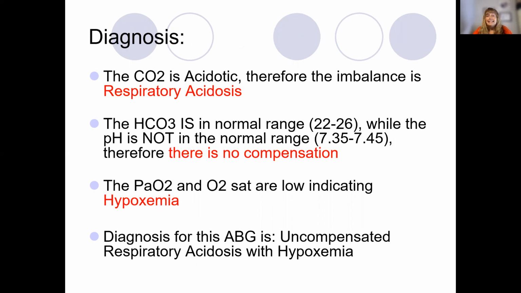The bicarbonate is within the normal range of 22 to 26, while the pH is not in the normal range of 7.35 to 7.45, so there is no compensation. The PaO2 and the oxygen saturation are low, indicating the patient has hypoxemia. So the diagnosis for this ABG is uncompensated respiratory acidosis with hypoxemia.